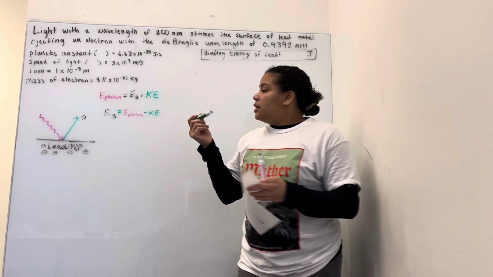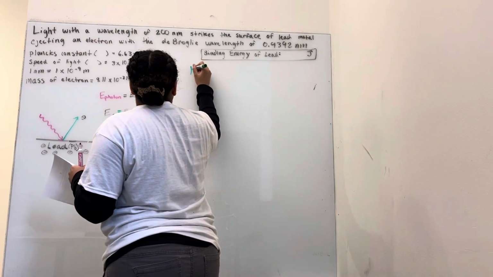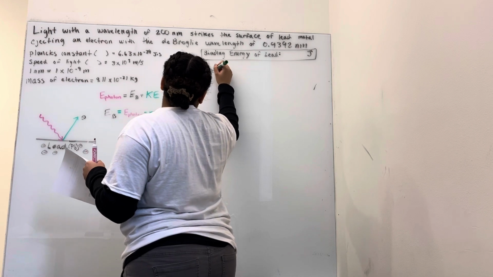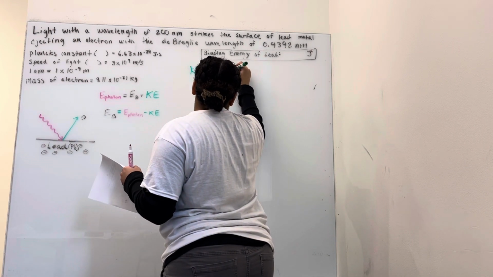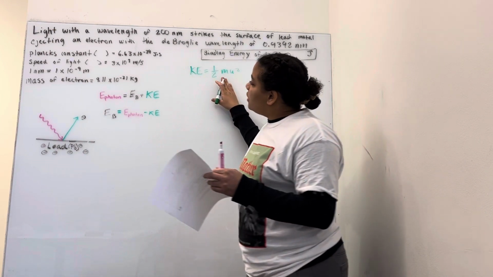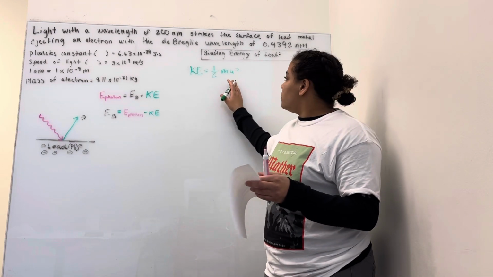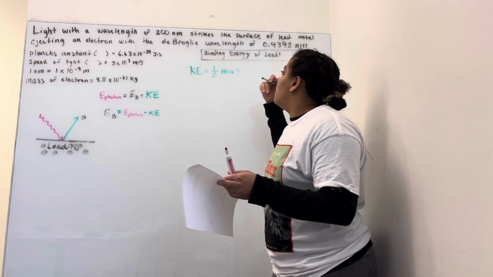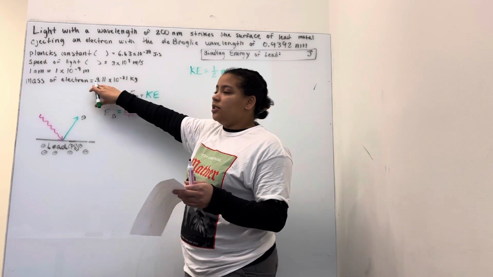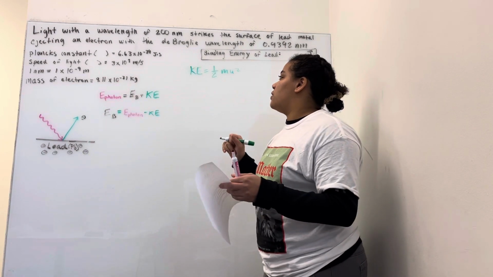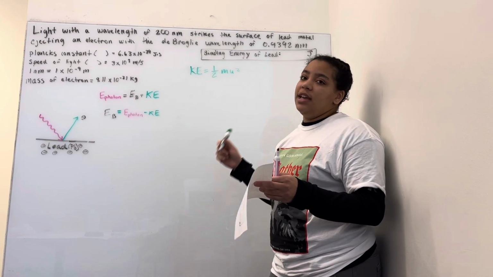We're gonna find kinetic energy first. The equation for kinetic energy is half mu squared: the mass of the electron times the speed of the electron squared times a half. We have the mass, which is given, 9.11 times 10 to the negative 31st kilograms, but what we don't have is the speed.